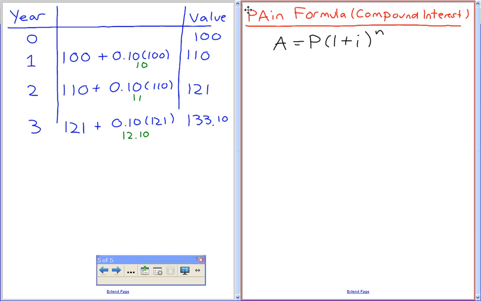What these four things stand for, I'm going to write PAIN on the board because math is painful, and more importantly, because those are the letters, the acronyms, for the four variables in this equation. P stands for principal, which is your starting value.